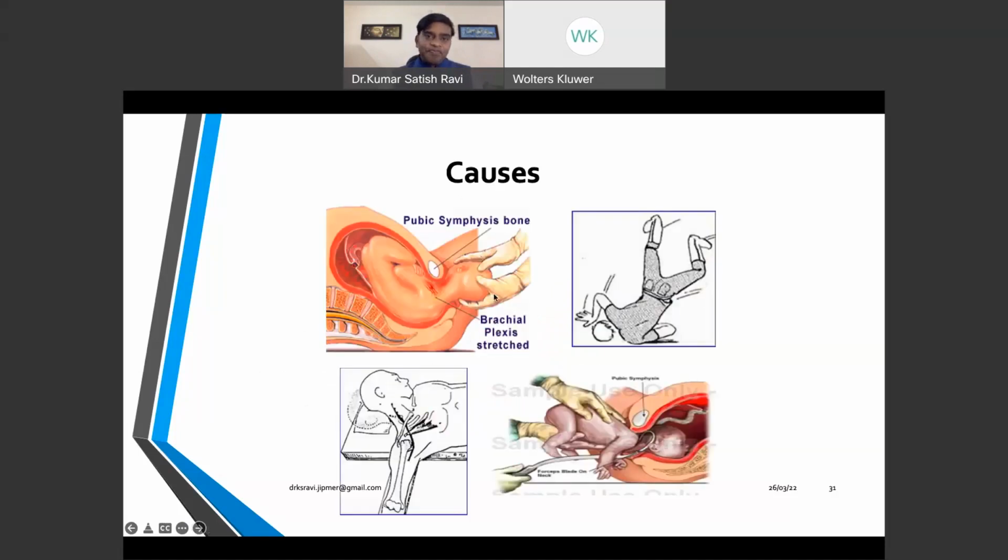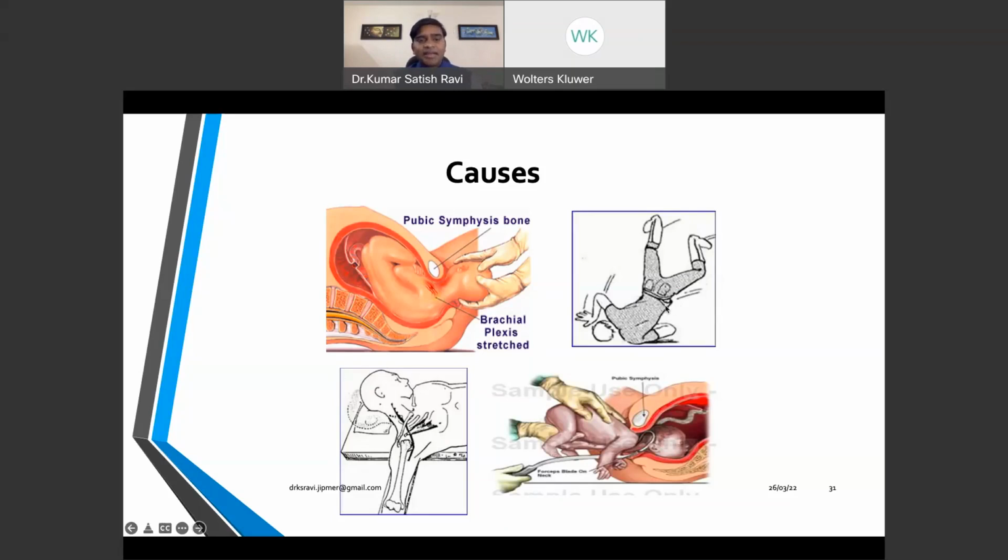Injury to the upper trunk at the Erb's point leads to Erb's palsy. This may be because of traction on the arm at birth. You can see over here when we pull, right? There may be traction on the arm at birth or due to an accident.